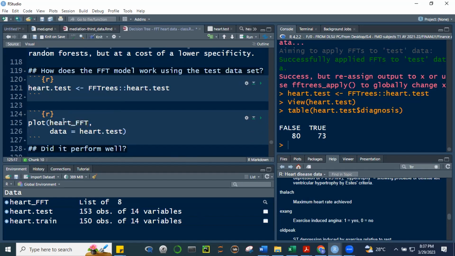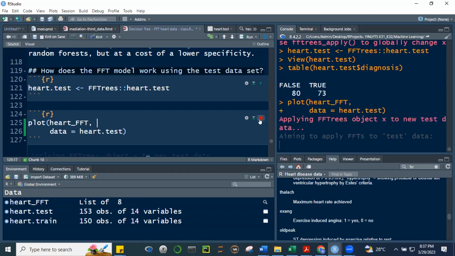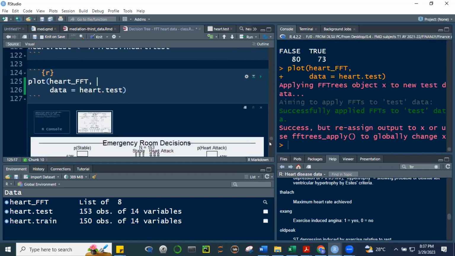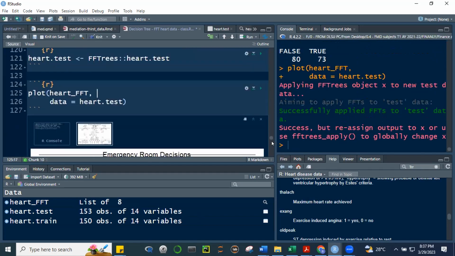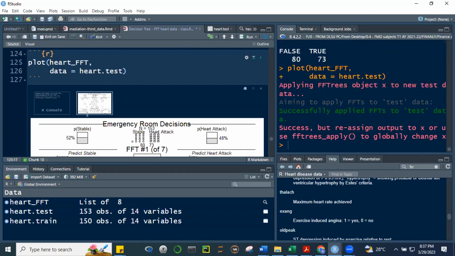Now we will see if we use that model on a data set that it has not yet seen, because that heart FFT was generated using the training data. But here we want to test whether it is okay for data that has not yet been seen. Let's run this. Okay, let's see.